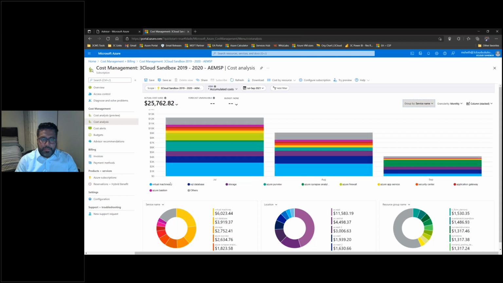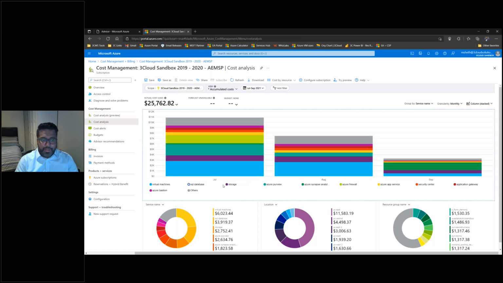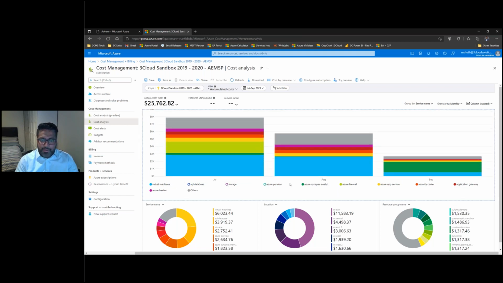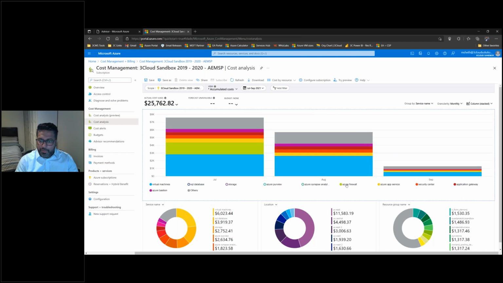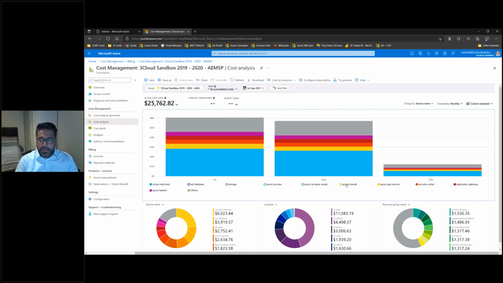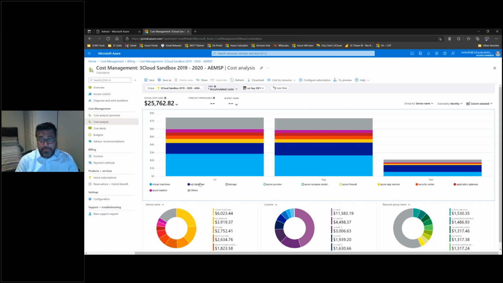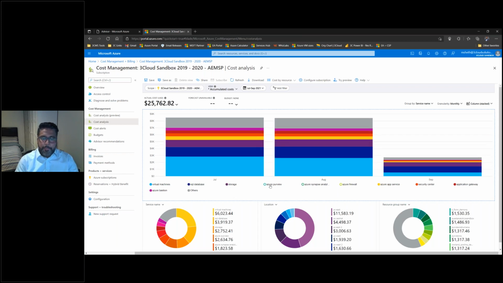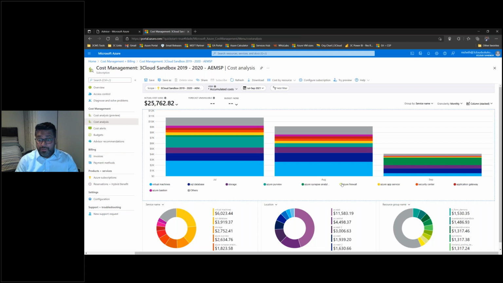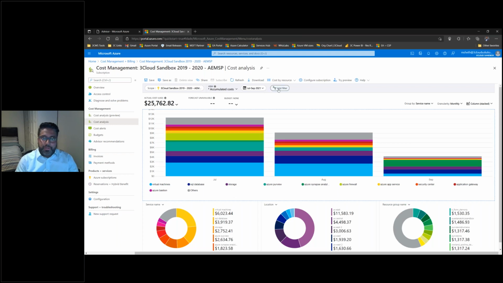One of the things we can do is start filtering out some things to help blow up the graph a little bit. Each one of these little keys you can unclick to filter out. That's a bit of a manual exercise. You get closer to what you're looking for, but this is where I would switch over to using filters. For example, I know virtual machine service name is what I'm interested in.